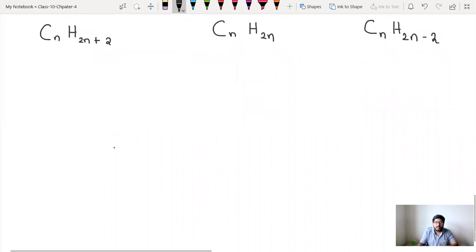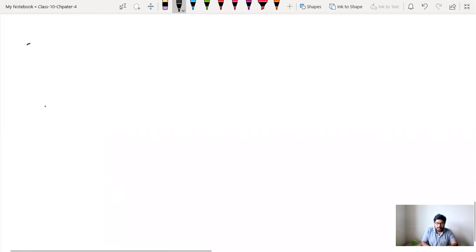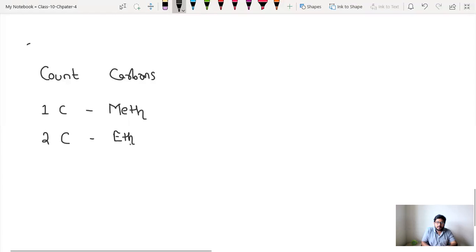Now, if carbon counts are increasing, what to call those carbons? Let us try to understand. If there is one carbon, we pronounce the compound name with meth. Two carbons, eth.